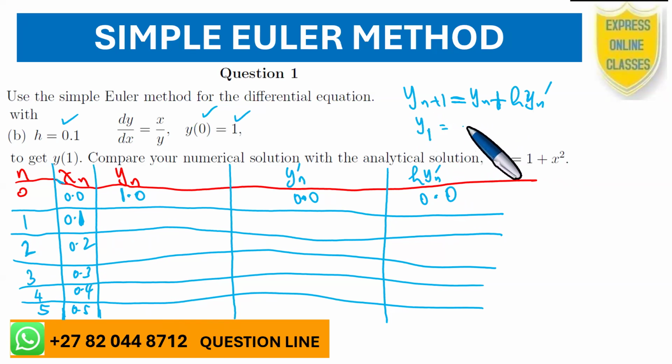According to this, when n is 0, y1 is y0 plus h times y0 primed. So what is y0? We already know that y0 is this one and y0 primed is this one, and then multiply by h. We know h is 0.1 times 0, which is 0, and therefore it's going to leave us with y0 for this one.